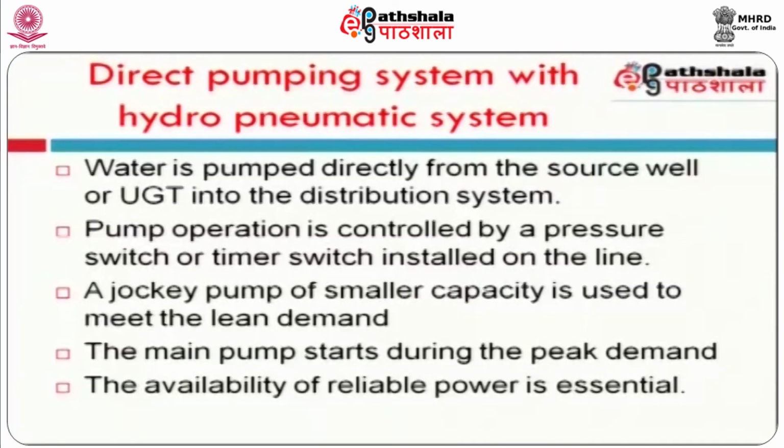The normal pump will operate during the peak demand, particularly the early morning hours, when the demand will be more. At other times, when there is a reduction in pressure and water is demanded in the system, the jockey pump will start to operate.